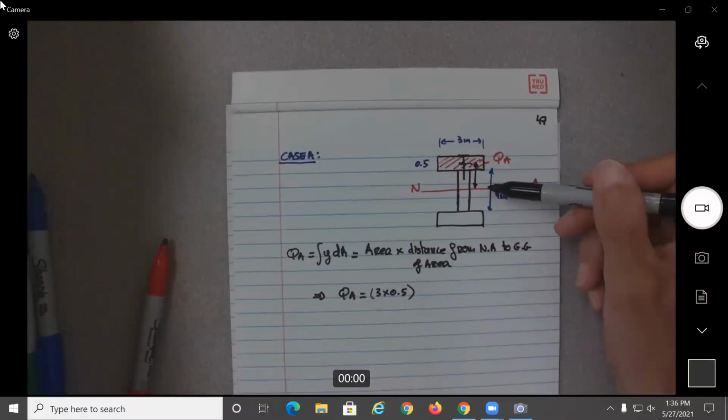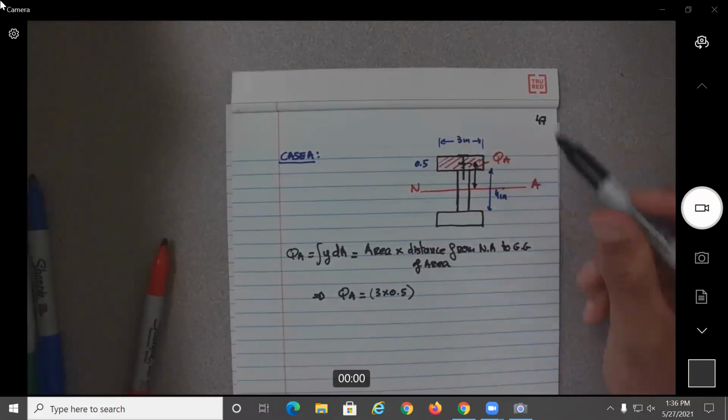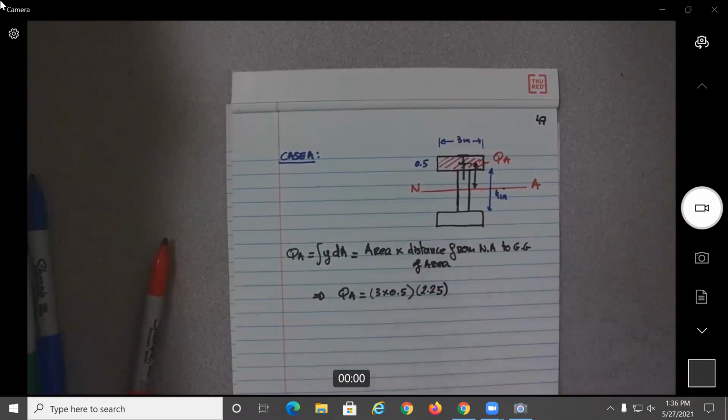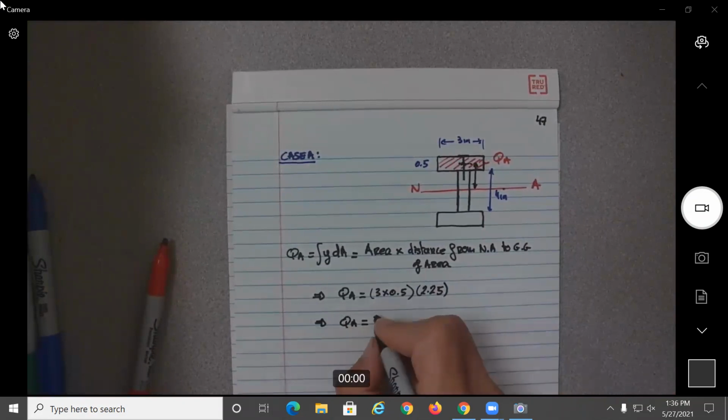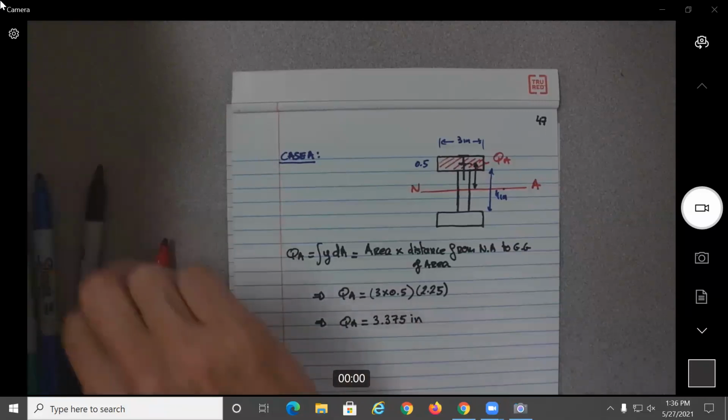What will be that distance? That will be 2 plus half of 0.5, no? So it should be 2.25. And if we do this calculation, you get that Q sub A is equal to 3.375 inches cubed.